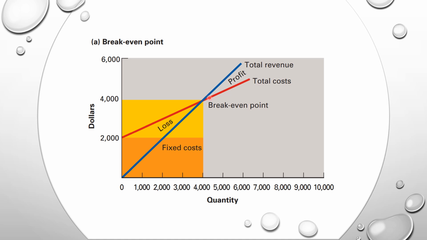So for the company to start earning profit, they must sell at least 4,001 units. If they are selling at 4,000 units, that means they don't have any losses, they don't have any profit. But if they sell less than 4,000 units, the company will still be suffering losses from selling that particular product.